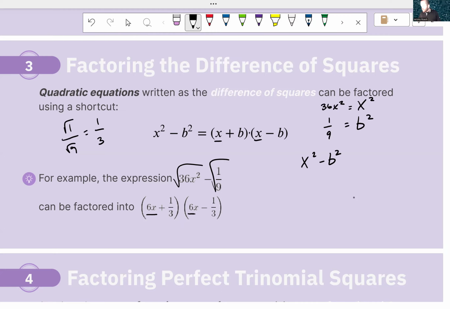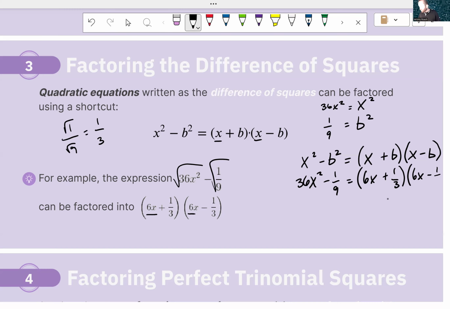That's why I got a little bit confused here. And minus b squared is minus 1/9. Now we do the square root of 36x squared, and that's going to be what x is. So that's just going to be 6x. Square root of b squared, square root of 1/9, which we just found out was 1/3. And then we're going to do 6x minus 1/3.